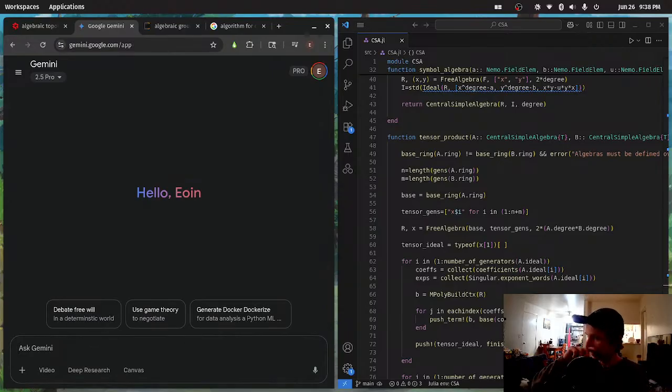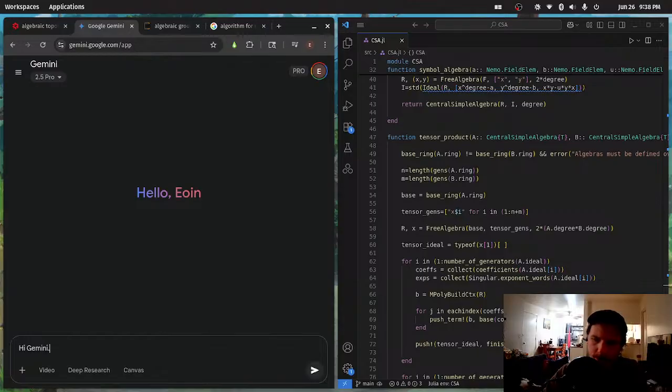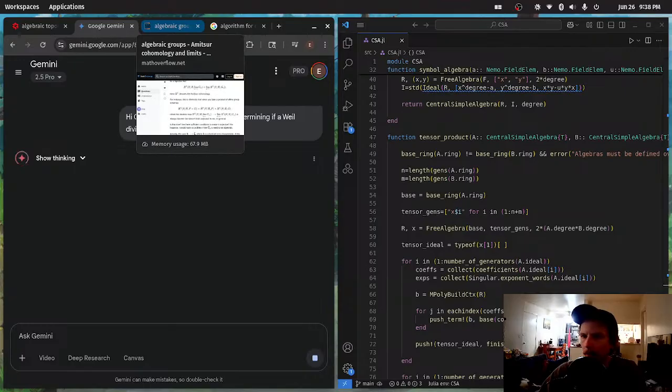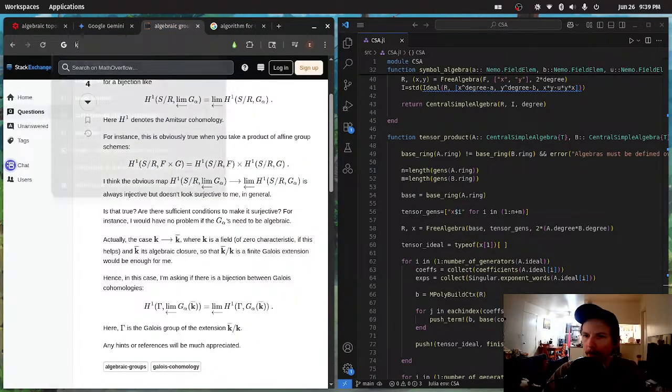I mean, Karl Schwede has a program for Macaulay2 where you can check if two divisors are linearly equivalent. So how does that work? We could probably look it up in the interim.